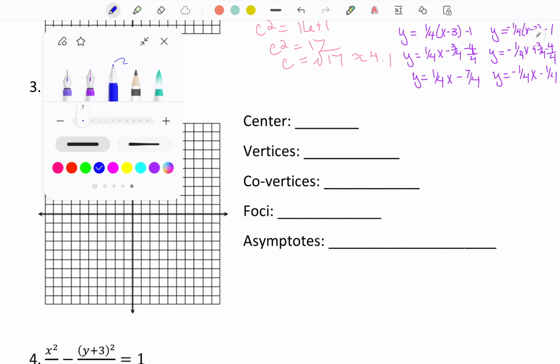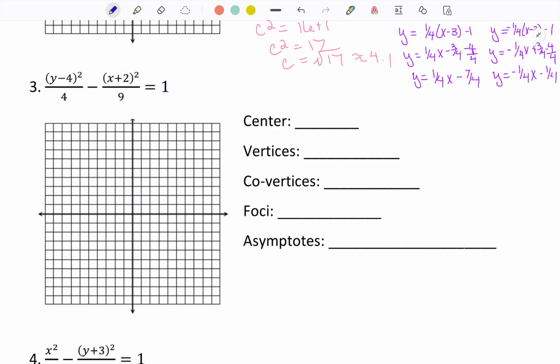Okay, so let's go ahead and look at number 3. It looks like we have a vertical hyperbola this time. So we have a center at 4, -2. So 1, 2, 3, 4, down 2.